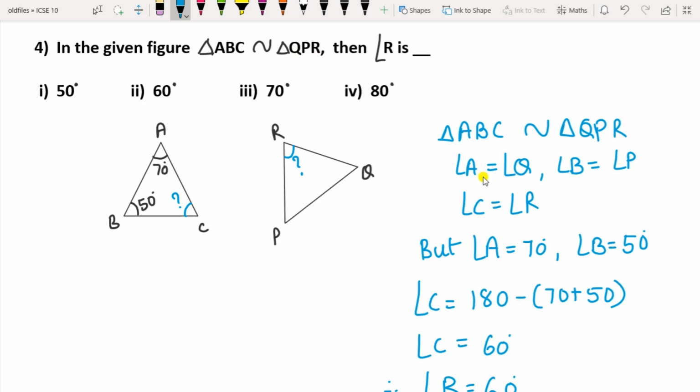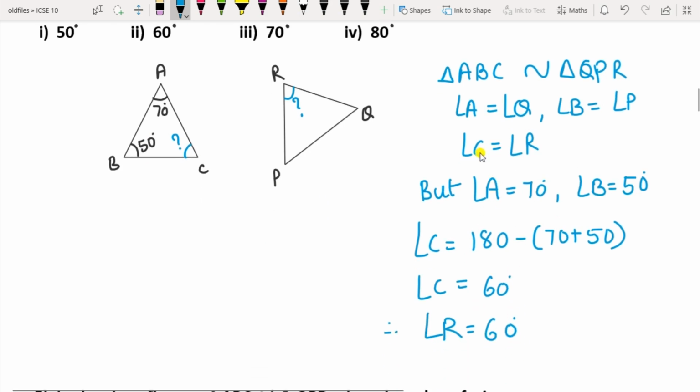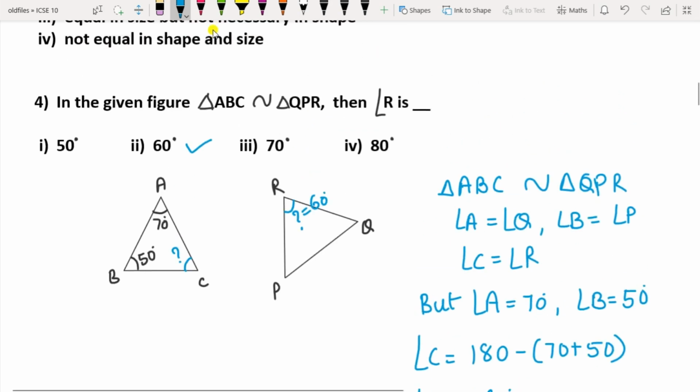As we have seen above, the corresponding angles are equal. Therefore A will be equal to Q, B will be equal to P, and C will be equal to R. But A is 70 and B is 50. Therefore angle C will be 180 minus (70 plus 50), that is 60. And since C is 60, C is equal to R, therefore R will also be 60. So option 2 is the correct option for this case.